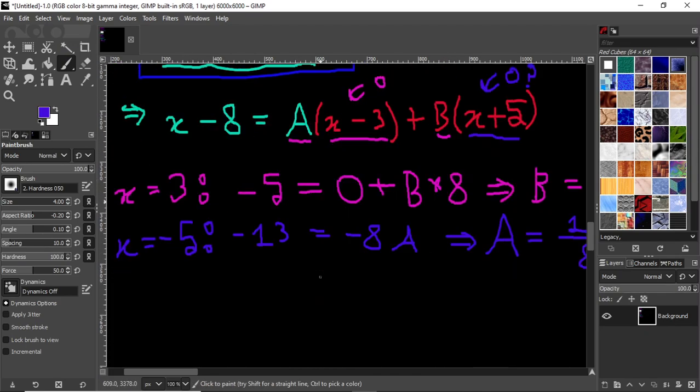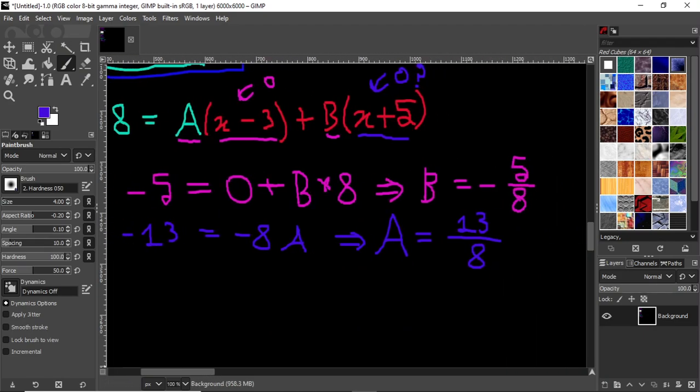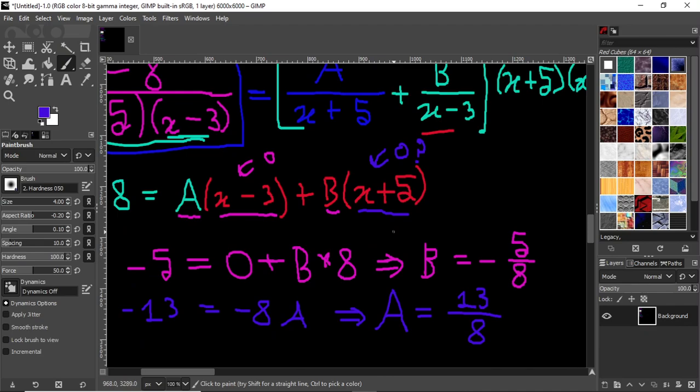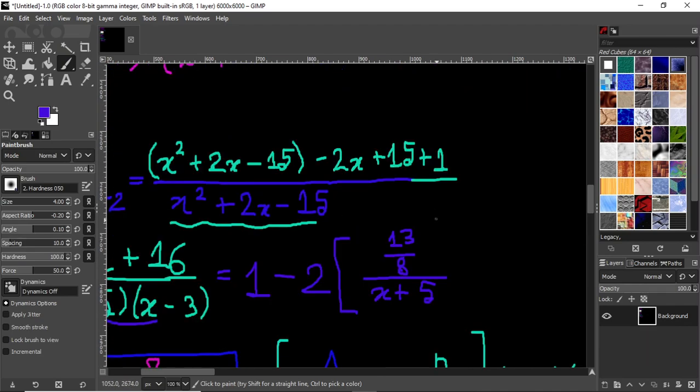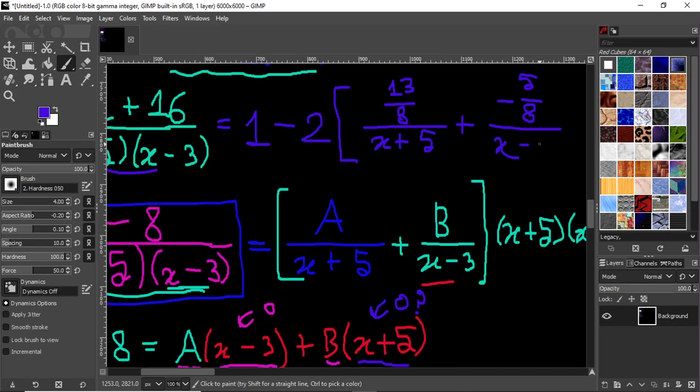So we got A by x plus 5, but A is basically 13 by 8, so we get 13 by 8 divided by x plus 5, and B by x minus 3, and B is minus 5 by 8, so plus negative 5 by 8 divided by x minus 3.